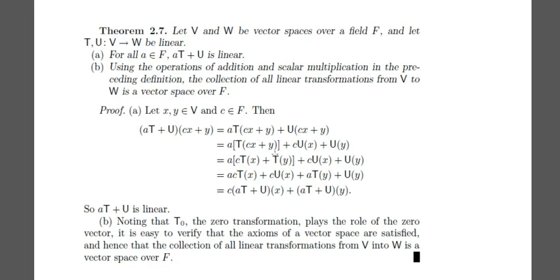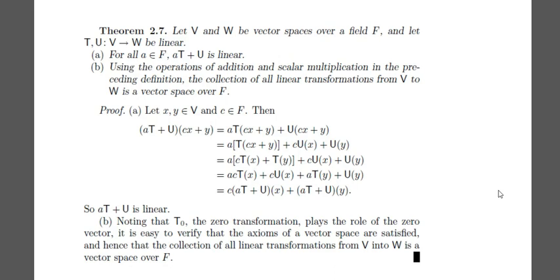Now the first function is equal to a of T of cx plus y, plus c of U(x) plus U(y), because U is a linear map. Similarly, T is a linear map, so apply that. Finally we are getting a c T(x) plus c U(x) plus a T(y) plus U(y). Rearrange this, we will get c times (aT plus U) applied to x plus (aT plus U) applied to y. So we get that aT plus U is a linear map.